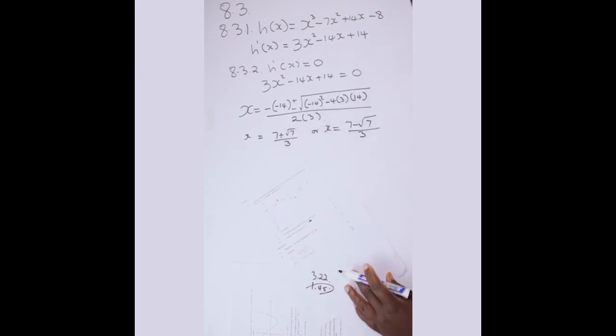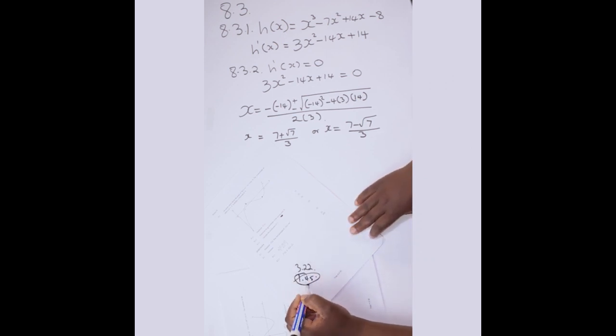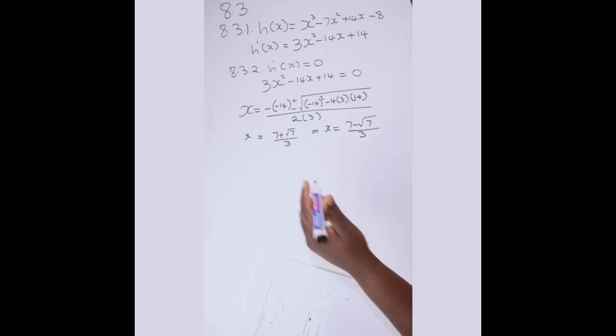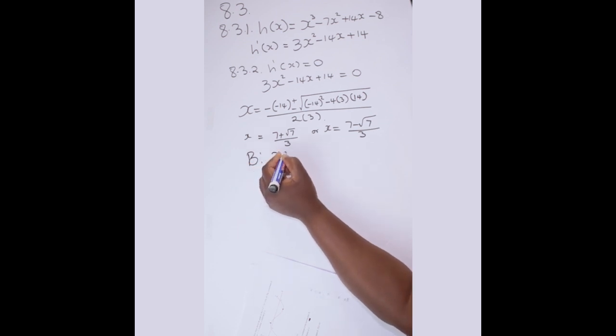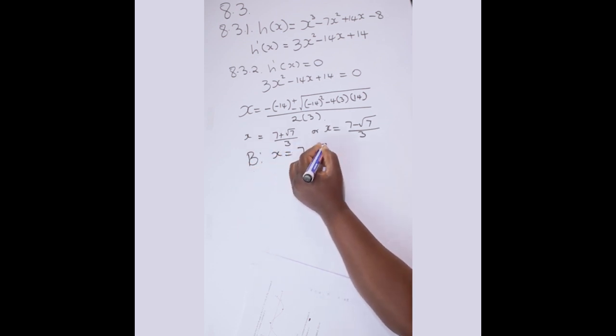You figured that it is going to be 1.45, which is the minus one. So the x coordinate of B is x equals 7 minus the square root of 7, over 3. That is 3 marks, folks. You can get it and you can move on. And that is the second question for that part.